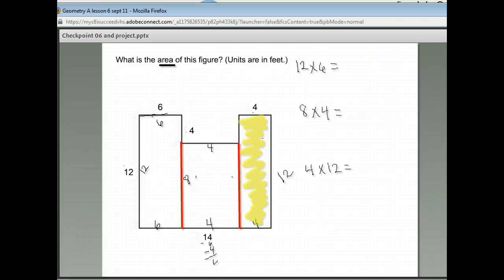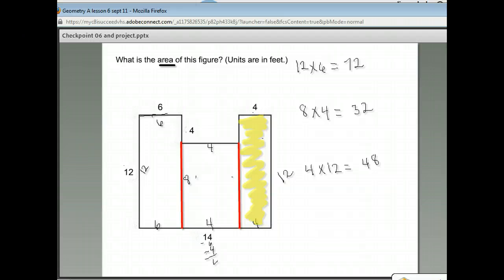We would go ahead and find each of those then. So 12 times 6 gives us 72 for the first area. 8 times 4 gives us 32 for the second area, and 4 times 12 gives us 48. What would the total area of our castle be then?